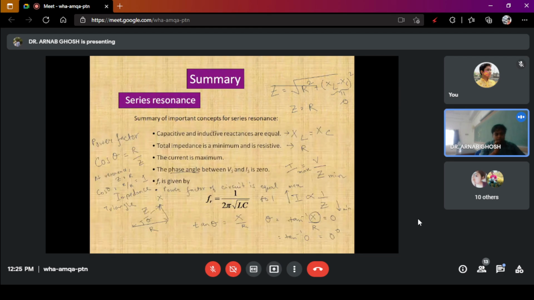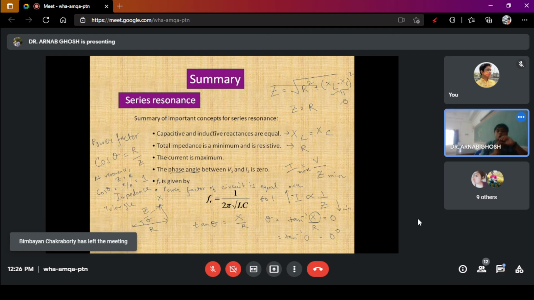You have already studied this. Power factor is equal to R by Z. At the resonance condition, the total impedance is equal to R, that is Z is equal to R. So what will cos theta be? Cos theta will be equal to R divided by R, that is 1. So the power factor of the circuit at resonance is equal to 1.